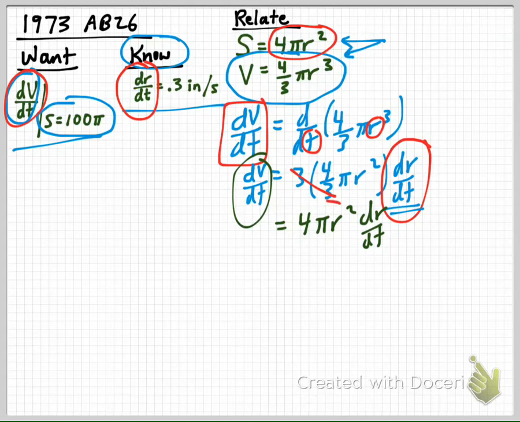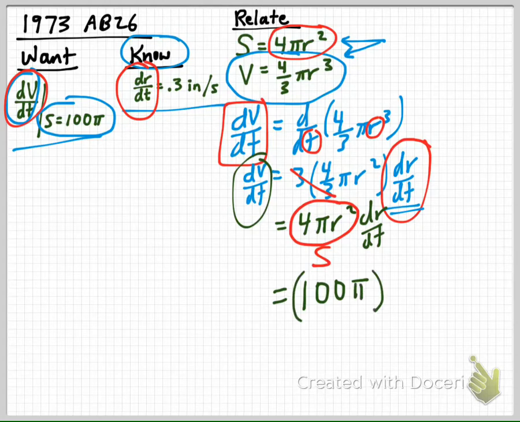We want dV/dt at the precise moment when the surface area, which is this thing right here, has a value of 100 pi. So we're just going to replace this 4 pi r squared with 100 pi. And then the constant 0.3, there's our answer.